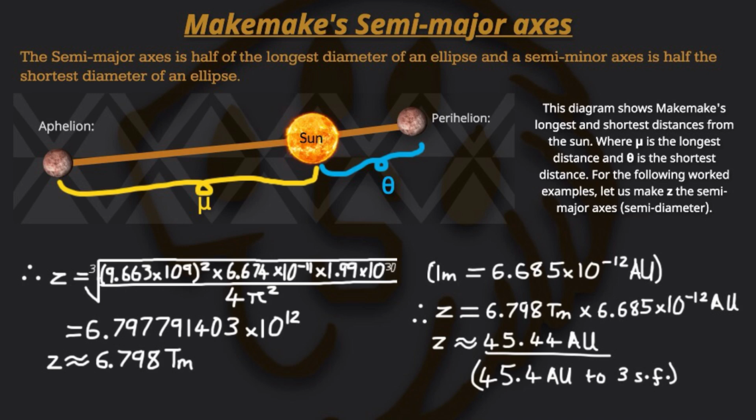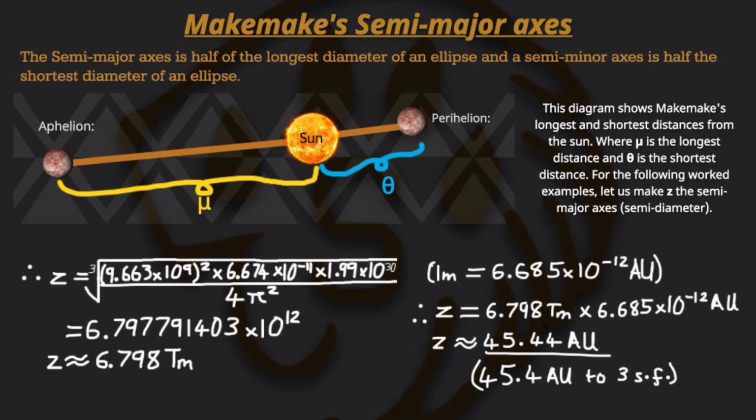So when we then plug it into the expression that we derived for the semi-major axis in the very first example, when we looked at Kepler's law, we derived and saw that z would be equal to the cube root of GM times the period squared over 4 pi squared. So that's basically what we're doing.